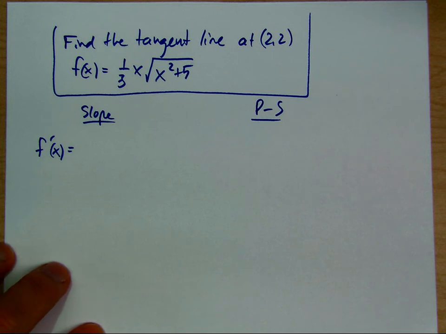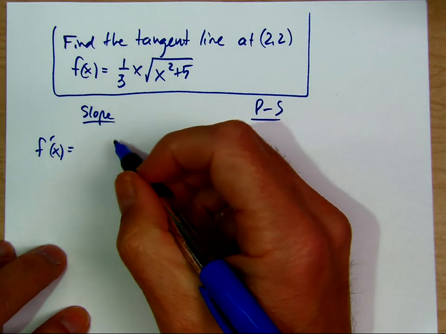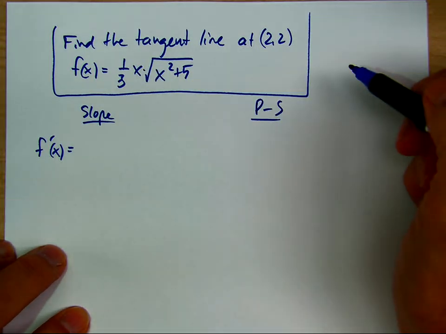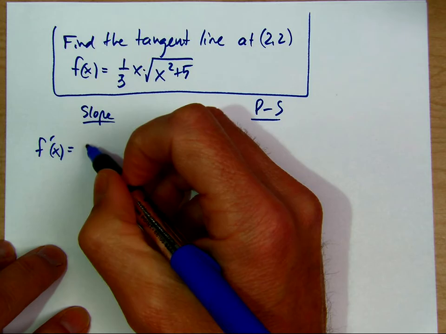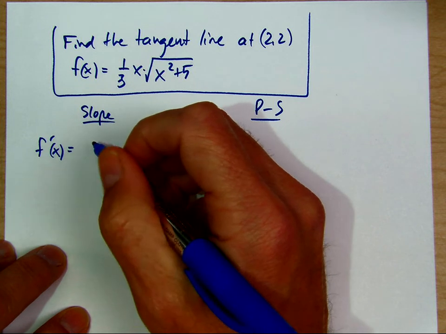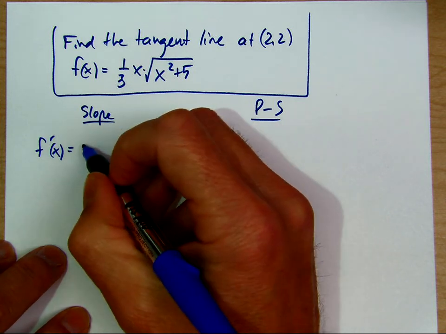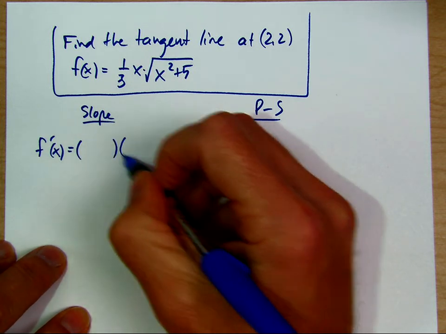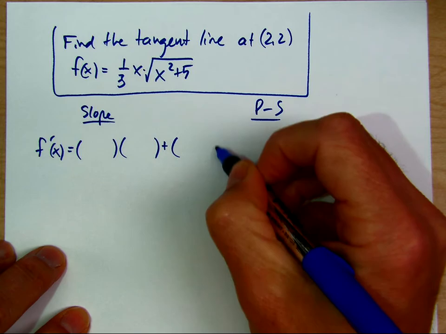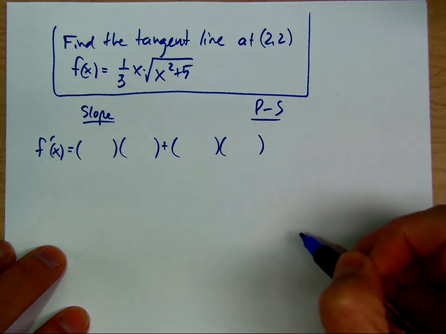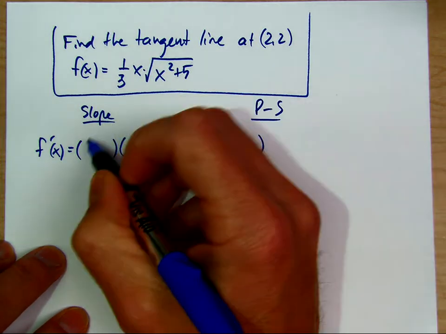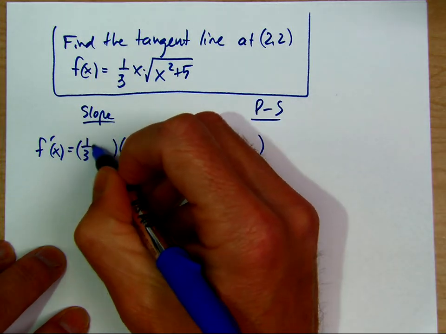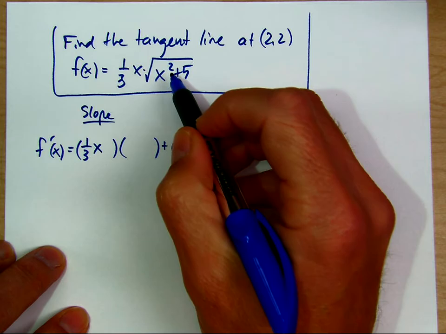Pause the video. We have a product, so that means we have to do the product rule. The derivative will be that, and we'll have the first times the derivative of the second factor.